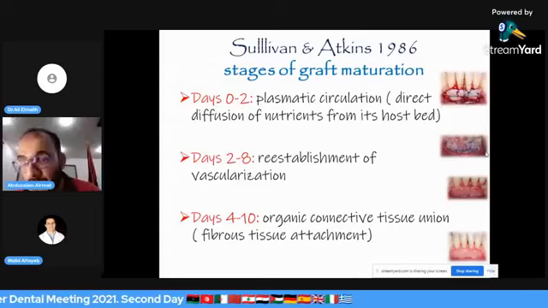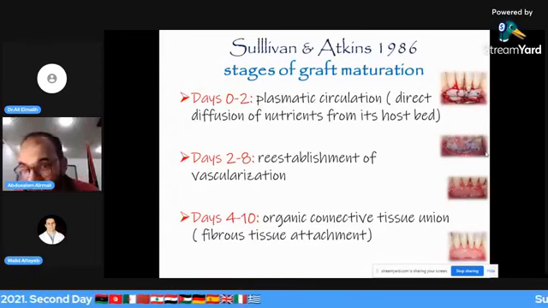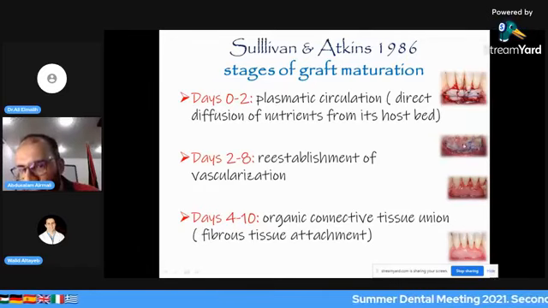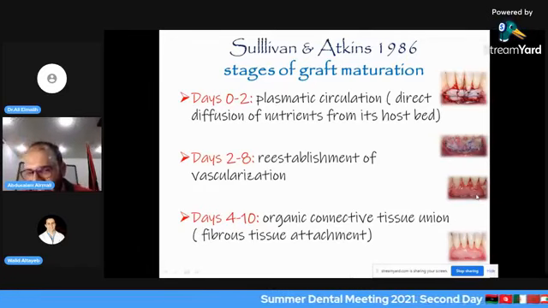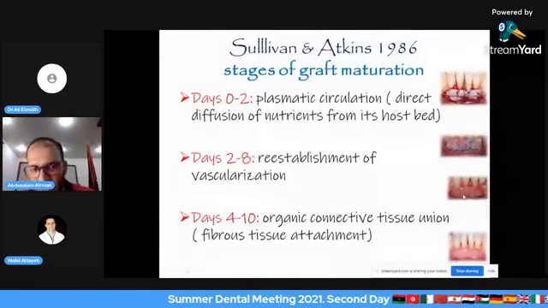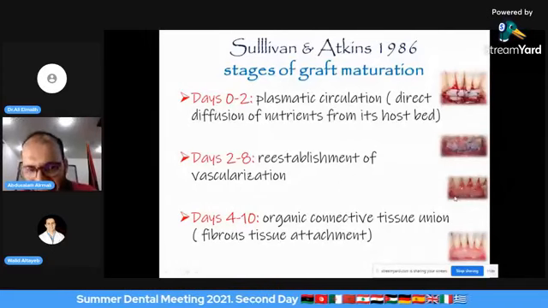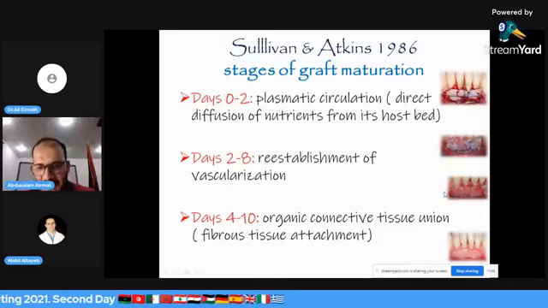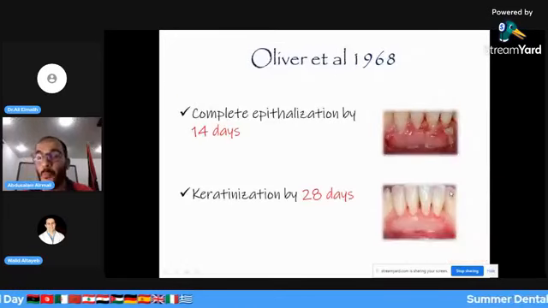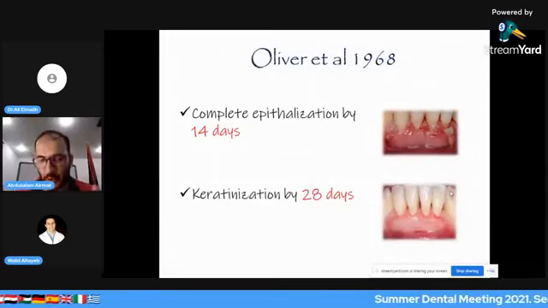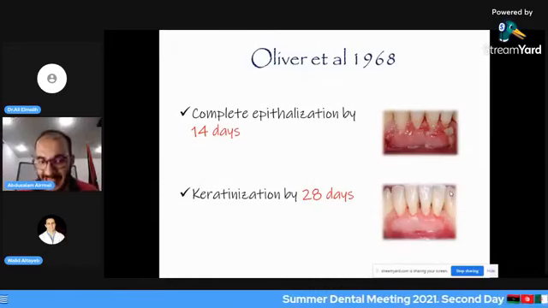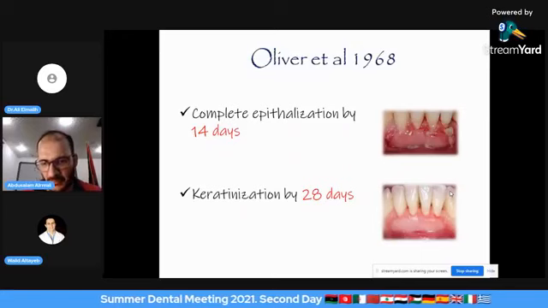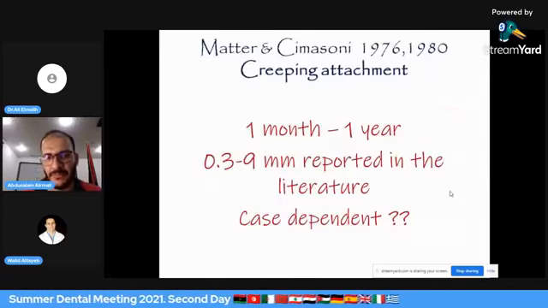This is the necrosis of the epithelium of the graft. But underneath, when you take out all of this necrotic epithelium, you can see the new blood vessels. You can see the new vascularization after 1 week, after 2 days, after 3 days. After that, complete epithelialization by 14 days, and complete keratinization after 1 month, or almost 1 month.